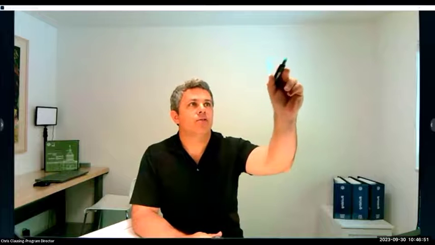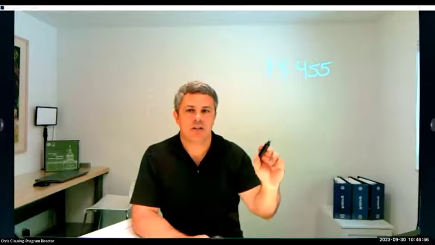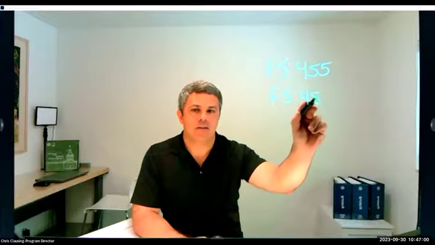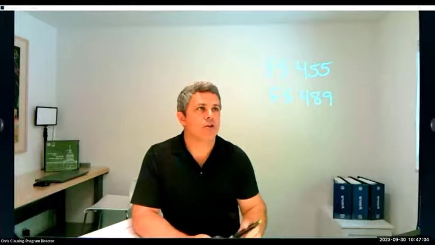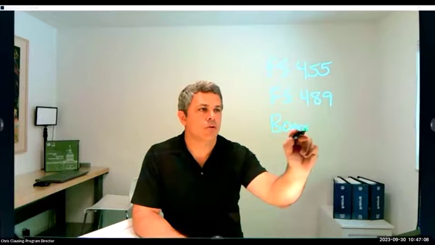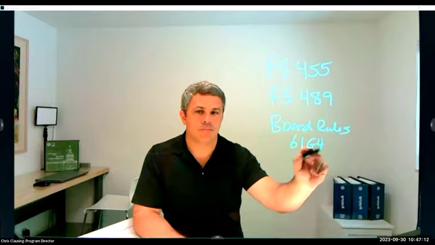One statute is the Florida Statute FS 455. The next statute is Florida Statute 489. And the statute after that, I would say, is your board rules, and those are 61G4.